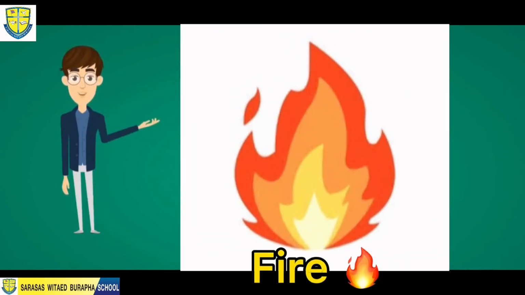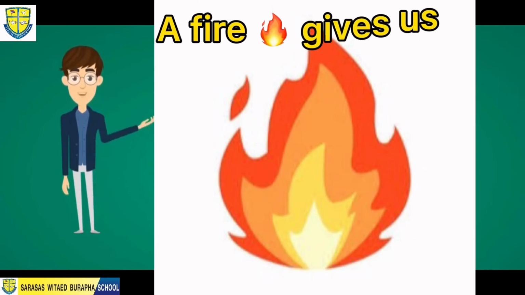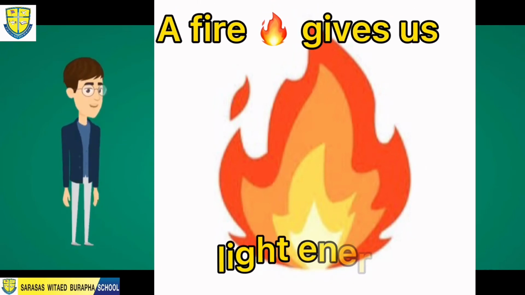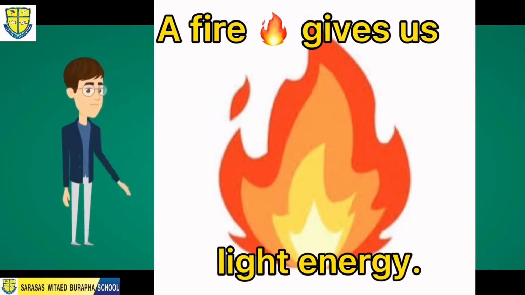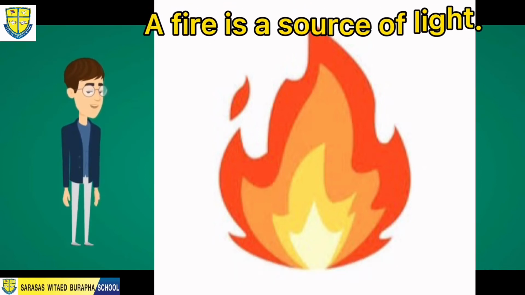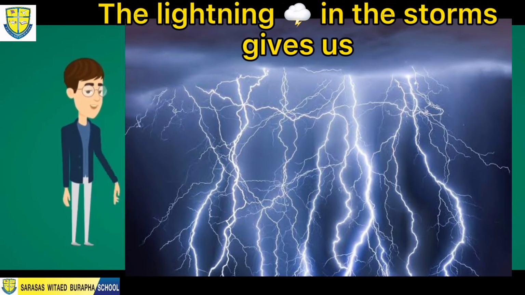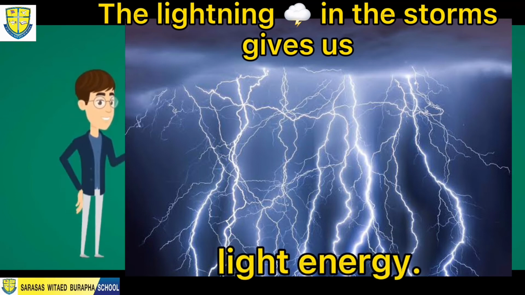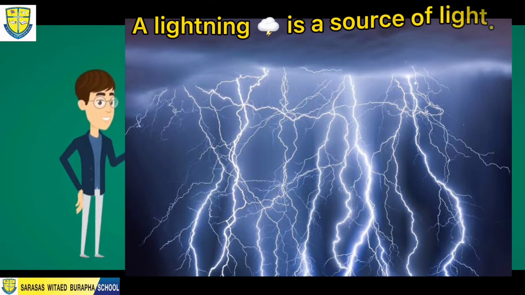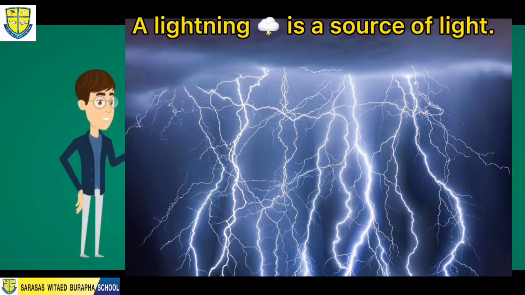Next is fire. A fire gives us light energy, and a fire is a source of light. And even the lightning in the storms gives us light energy, and lightning is a source of light.